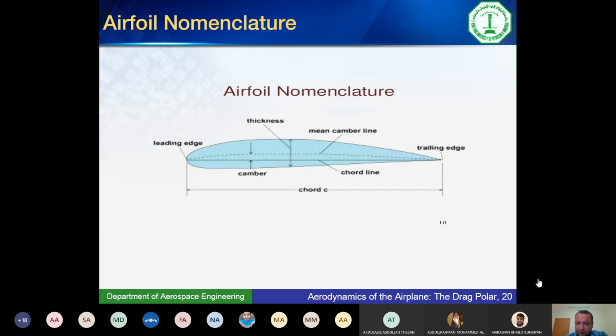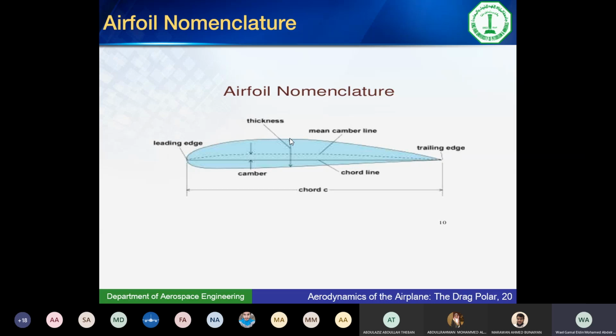So it's very important for us to know what the name of the airfoil means. To do this, we will first understand the characteristics of the airfoil. We talked about the camber last time, and the maximum thickness. We talked about the chord, the line connecting the leading edge to the trailing edge.